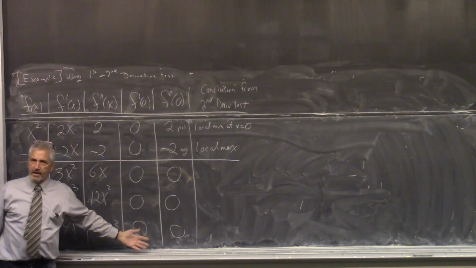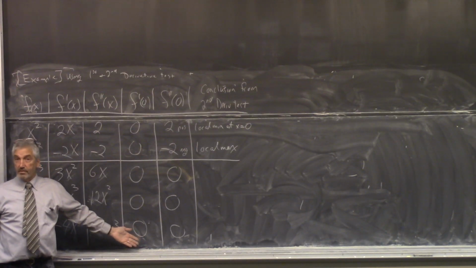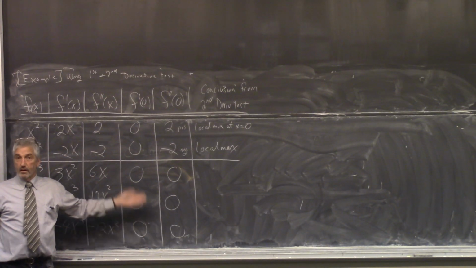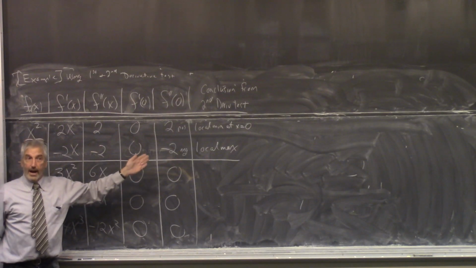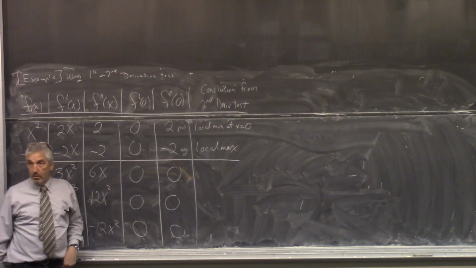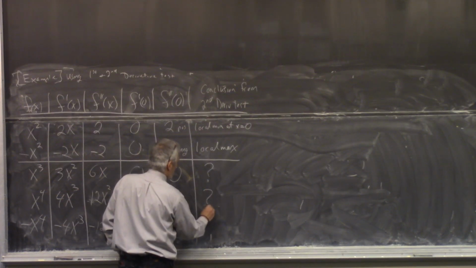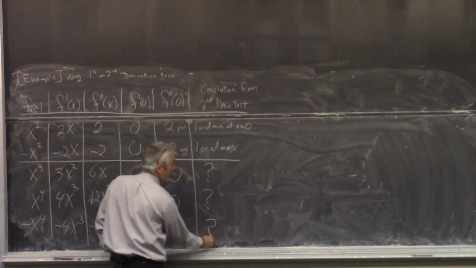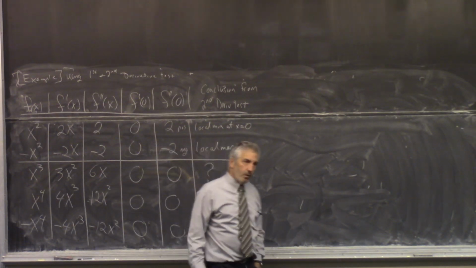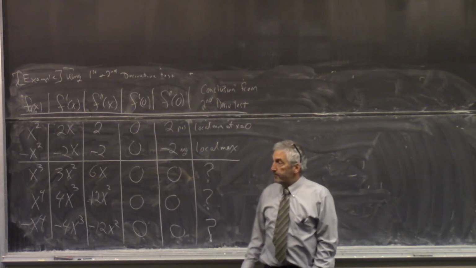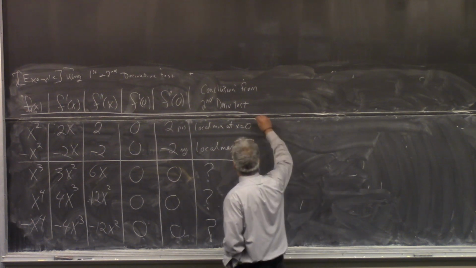In all three of these cases, the second derivative test doesn't tell us anything. If the first derivative is 0 and the second derivative is 0, you don't know. So these are all question marks. Again, you probably want to say, well, can't we just say there's neither a max nor a min? Well, no, we can't say that. The test says you can't use this test.